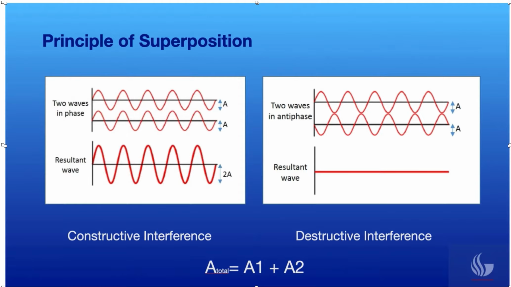If the two waves superimpose in such a way that the crest of the first wave falls on the crest of the other wave and the trough of the first wave falls on the trough of the other wave, then the resultant wave will have the maximum amplitude, and this is known as constructive interference. But when the crest of the first wave falls on the trough of the second wave, they cancel the effect of each other and we have destructive interference.